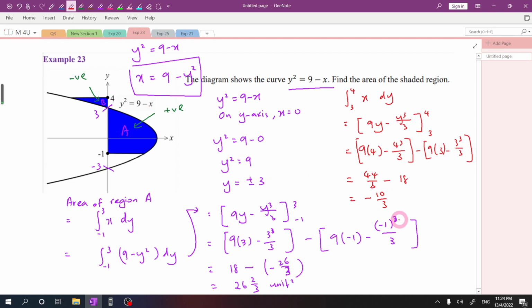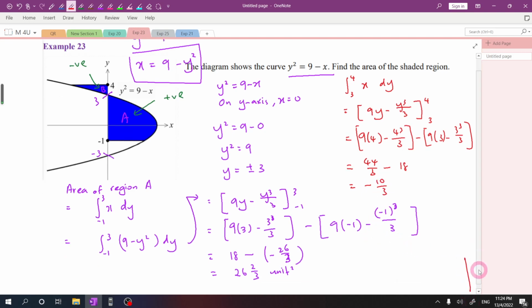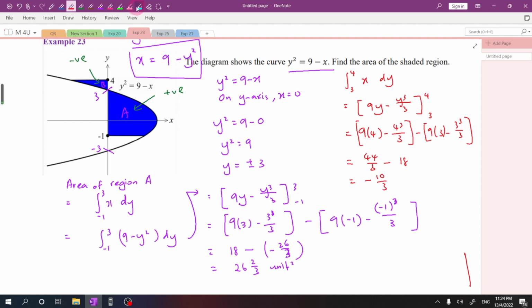of the y-axis. And remember, now we want to find the area of the shaded region. We need to add up these two areas. But remember, we need to take the modulus.